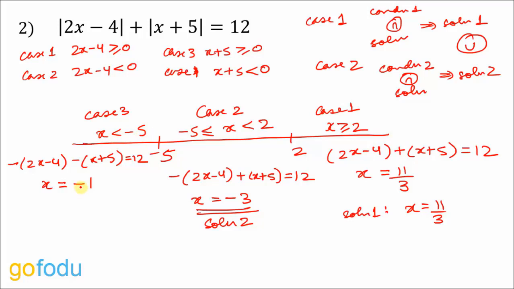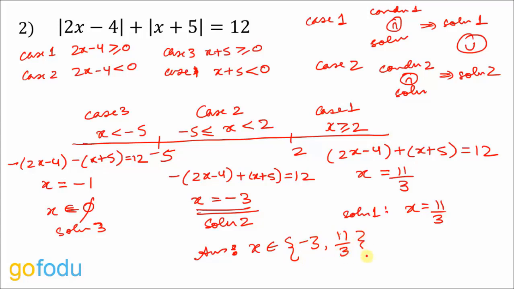So their intersection will be empty. So our solution 3 is empty, so we will have to ignore it and our final answer will be solution 1 union solution 2 union solution 3, that is x belongs to the discrete set minus 3 comma 11 upon 3. These are the two values of x that will satisfy this equation.